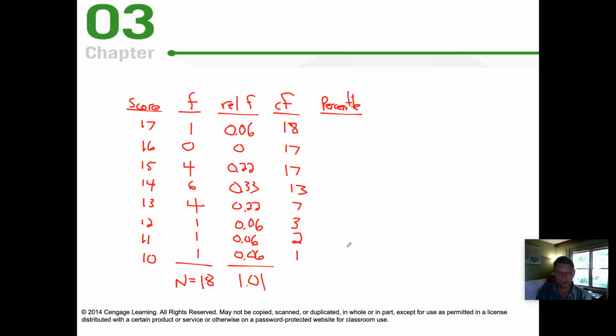And so the percentile is the 6th percentile. Then 2 divided by 18 times 100 is going to be 11. 3 divided by 18 is going to be 17 times 100.